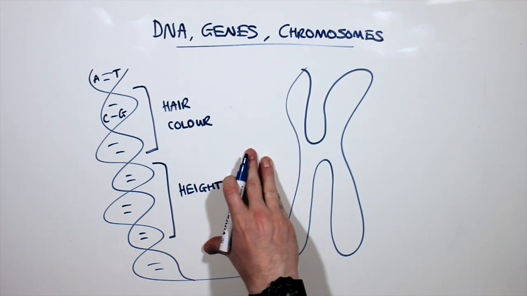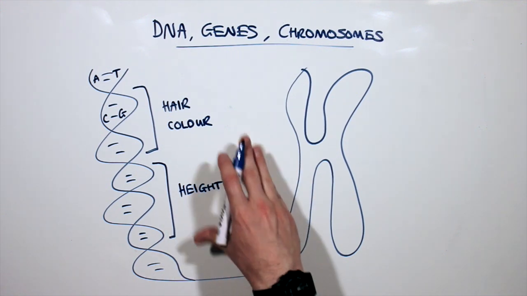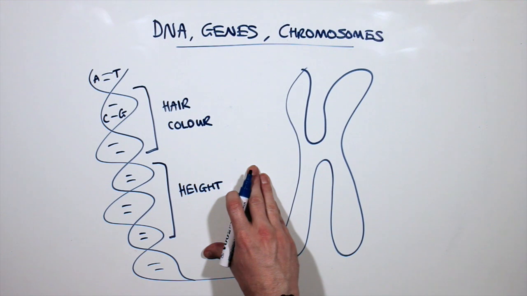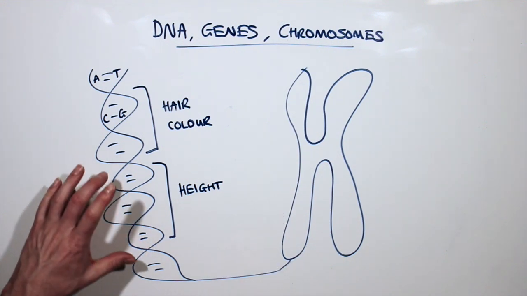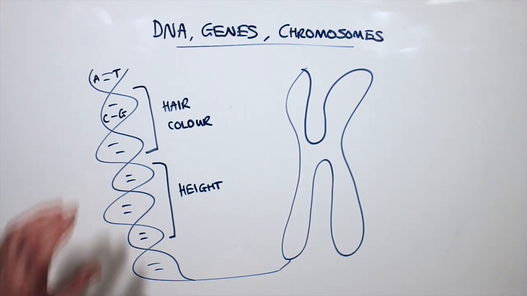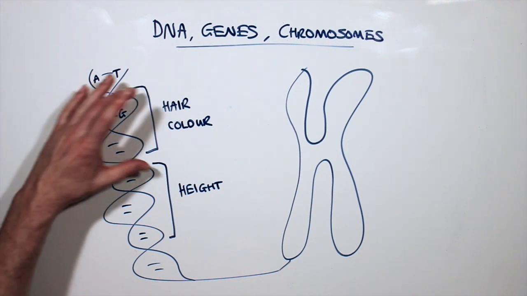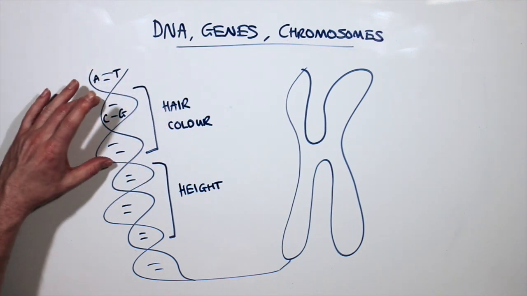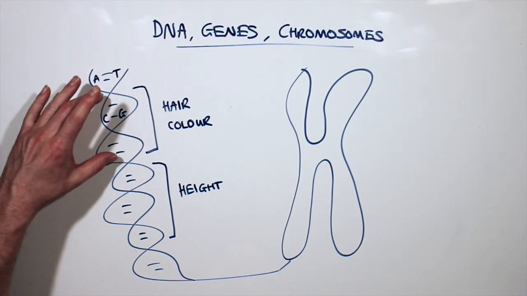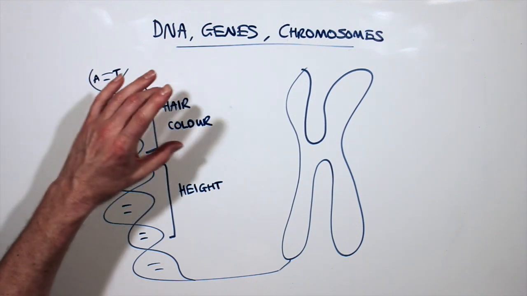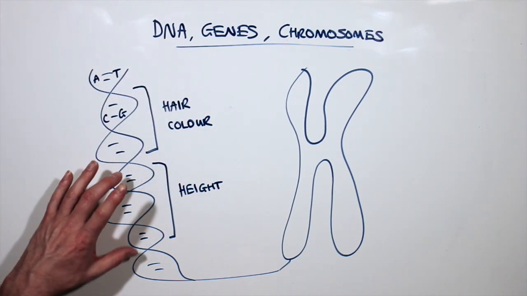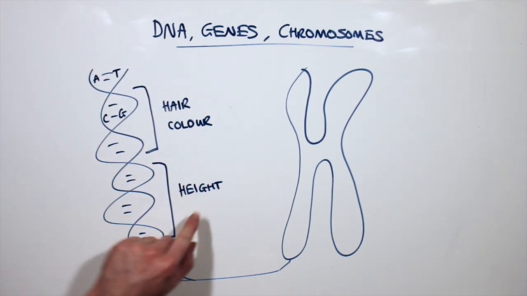Now, I'm simplifying this a lot. Hair color and height are very complicated things. They're not actually due to one section of a bit of DNA. However, this is just sort of highlighting the point. A gene is a section of DNA that codes for a particular trait. Okay, so this section might code for, let's say, hair color, and this section might code for, let's say, height.